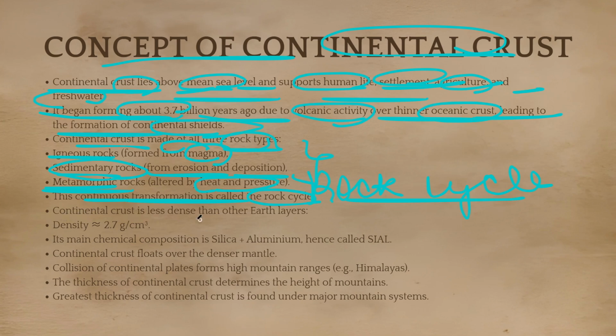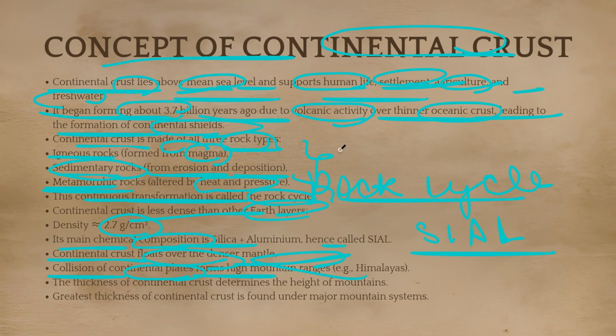So continental crust is less dense than other Earth layers, at 2.7 grams per cubic centimeter. Its main chemical composition is silica and aluminum. Continental crust floats over the dense mantle. Collision of continental plates forms the mountains.